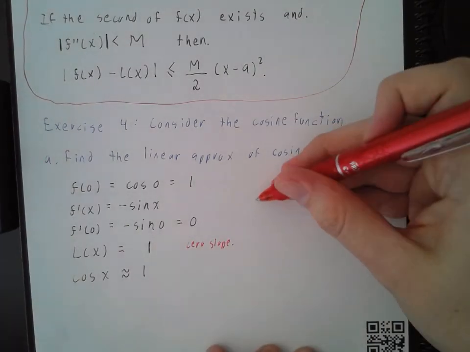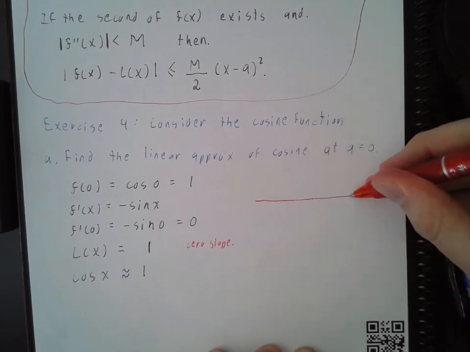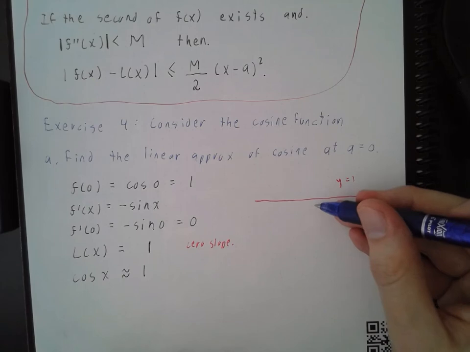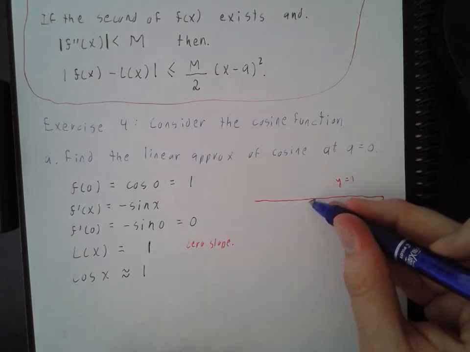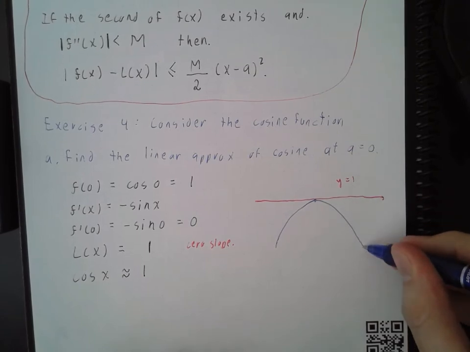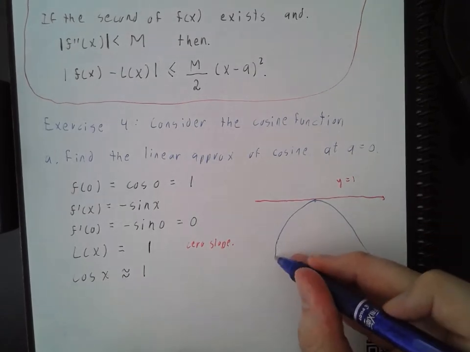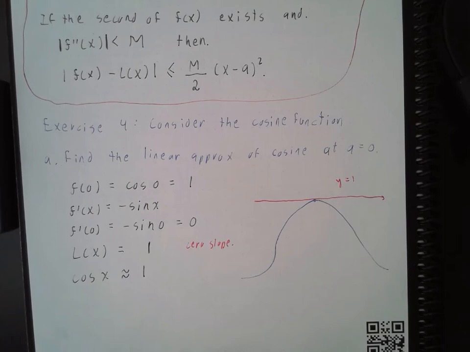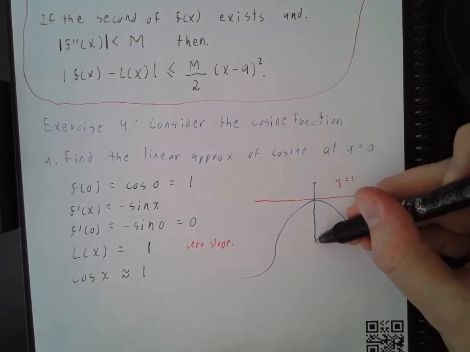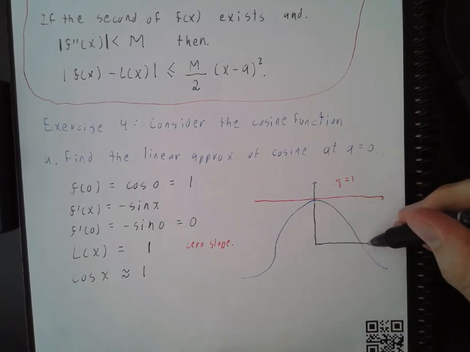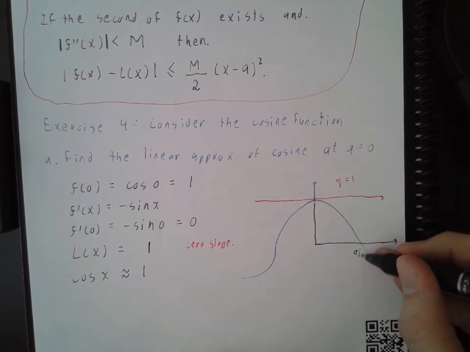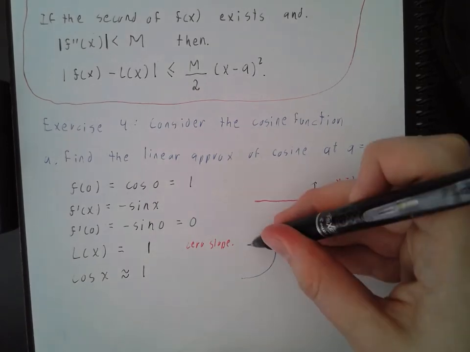Obviously, when you look at the graph of the constant function 1 and then of cosine, you can clearly see that. I'm not going to draw the entire cosine function. We're just going to put the y-axis over here, and then the x-axis, pi over 2, minus pi over 2.